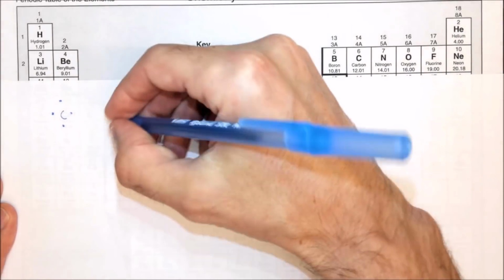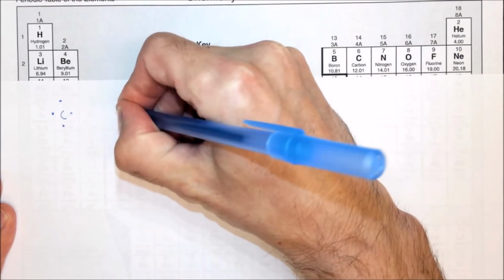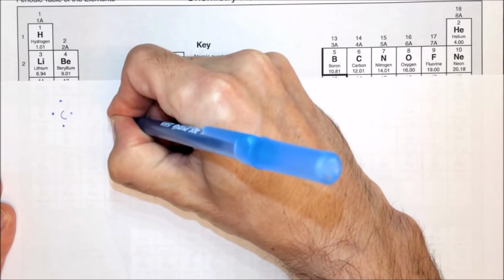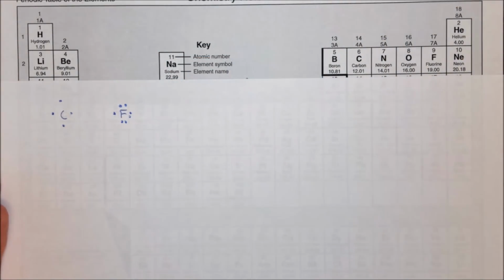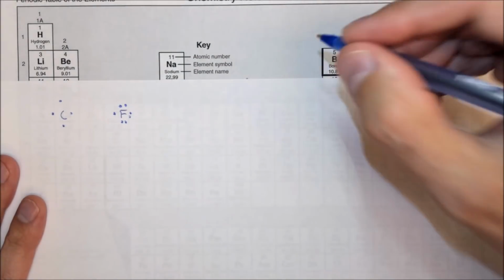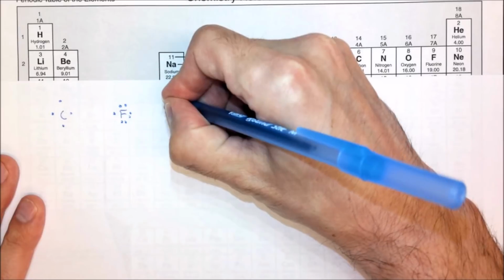If we wanted to draw fluorine, we would draw the 4 dots, but we need a total of 7, so we draw 5, 6, 7. So that's the Lewis structure of fluorine. Or if we wanted to draw boron, which has 3, we would draw boron 3 like that.